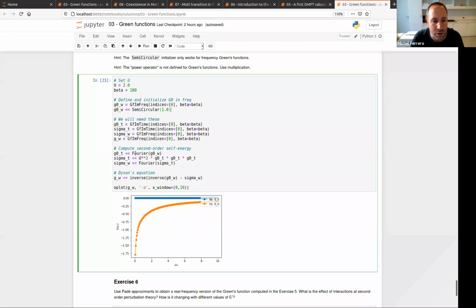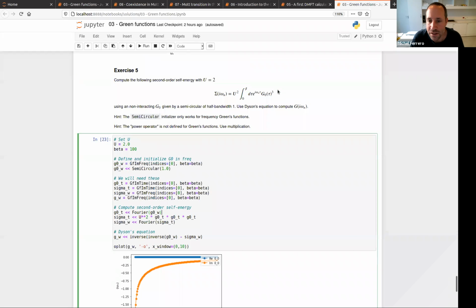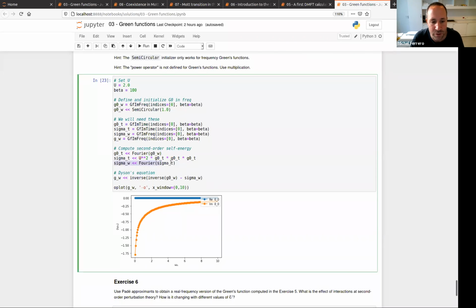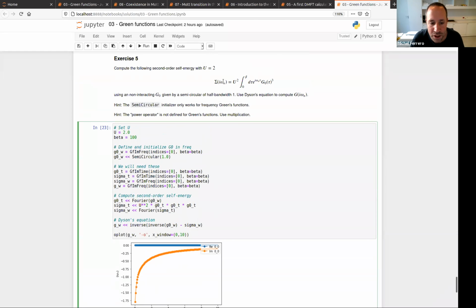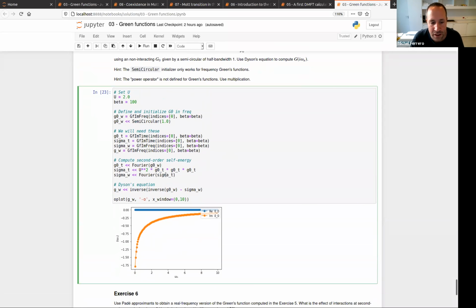So I Fourier transform it. So this is G0 of t, the Fourier transform of that object. And then to compute sigma, I multiply those G0 of t 3 times, because that's a G0 to the power 3. And I take the Fourier transform, which is what I do here. I Fourier transform, and I get a self-energy in frequency, which is that object here. So those 3 lines basically do the job.